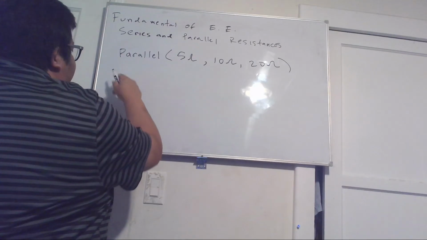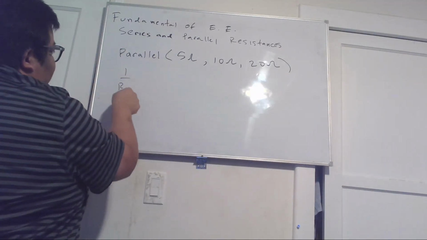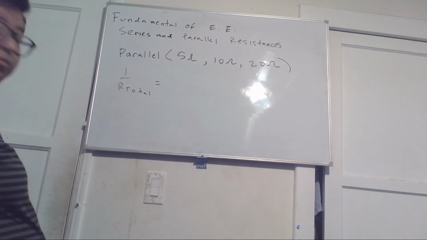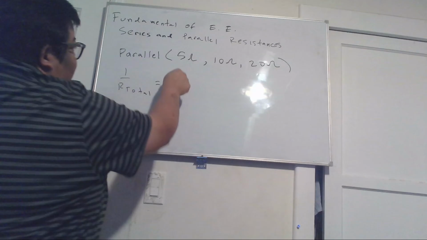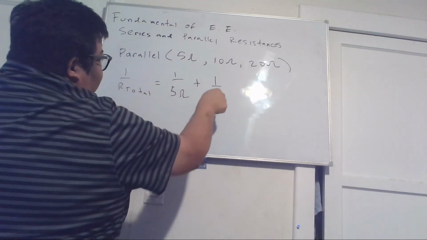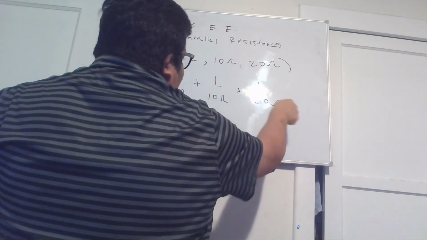Okay, so how I would do it, and you would do it, is as follows. So 1 over R total is equal to 1 over 5 ohm plus 1 over 10 ohm plus 1 over 20 ohm.